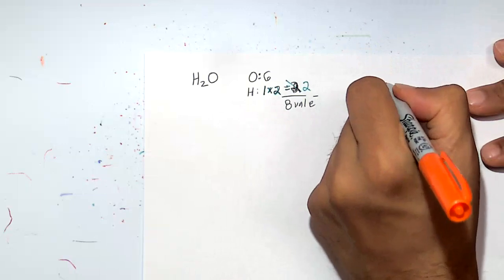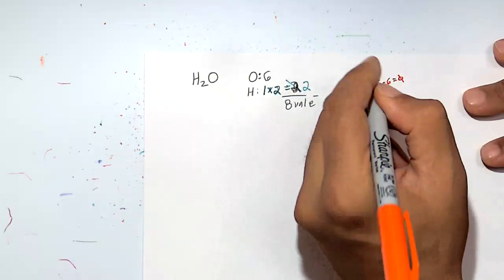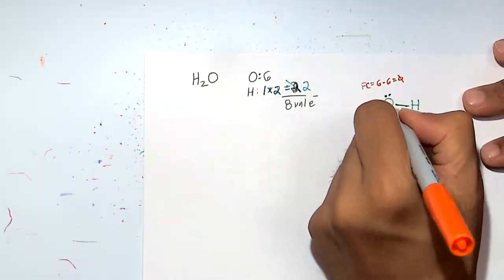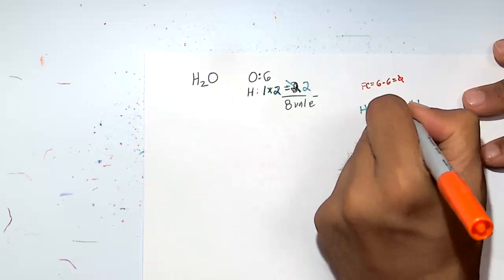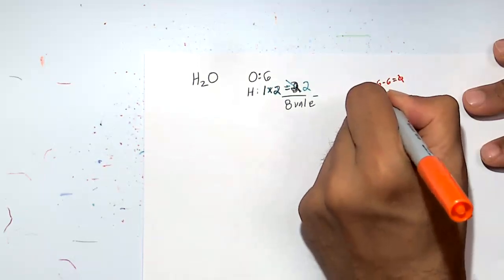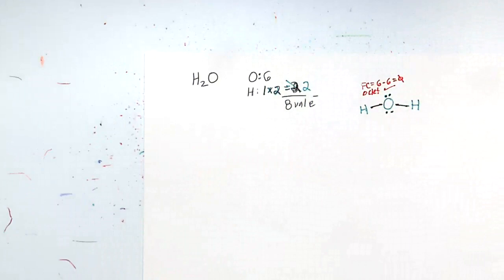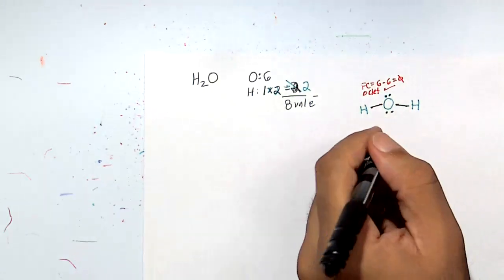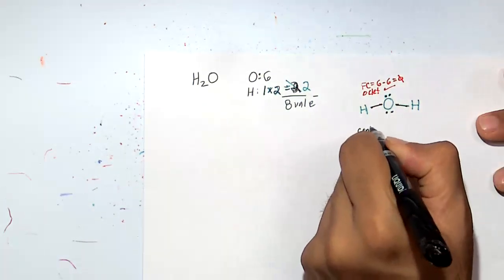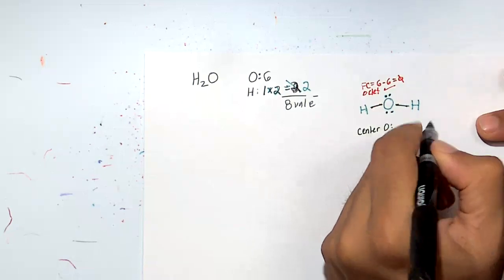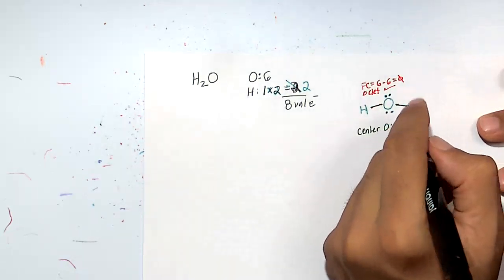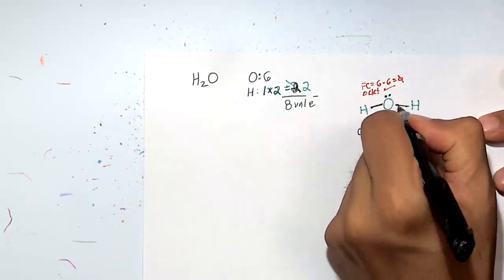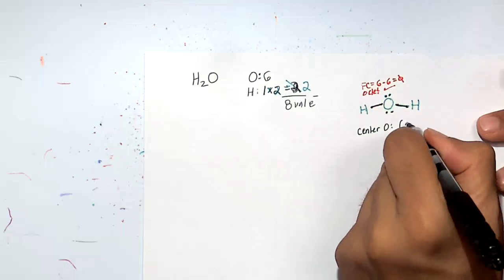Oxygen happy at 6. 6 minus 6 is 0. Octet rule, 1, 2, 3, 4, 5, 6, 7, 8. Octet rule is fine. All right, looking at the center oxygen, how many bonds and how many lone pairs? 2 bonds. How many lone pairs?